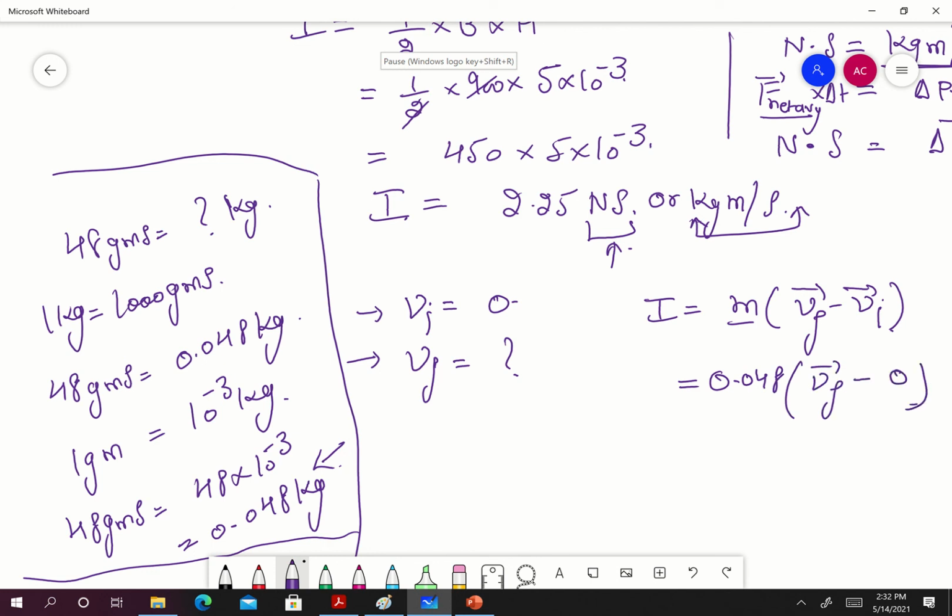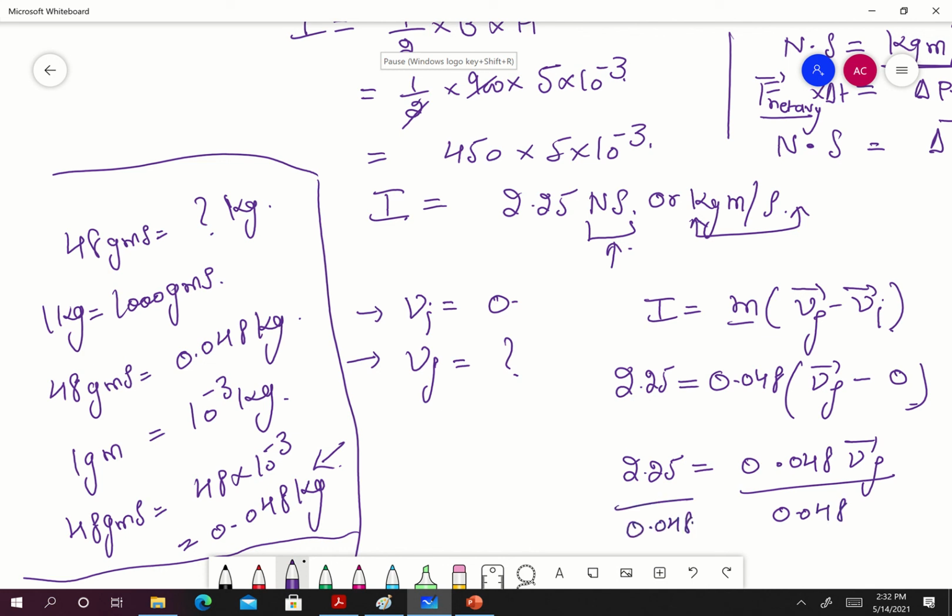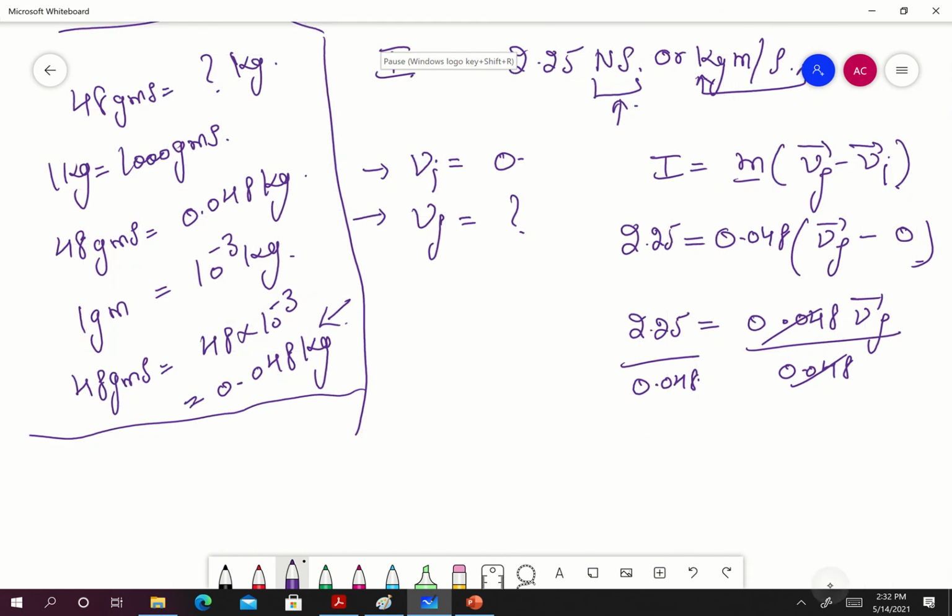So 0.048 multiplied by v final, that's what we wanted to find out. Initial value is 0, impulse value is given to me as 2.25, so this will be 0.048 times v final equals 2.25, and then dividing both sides by 0.048, it will come out to be 2.25 divided by 0.048, that comes out to be 46.875.